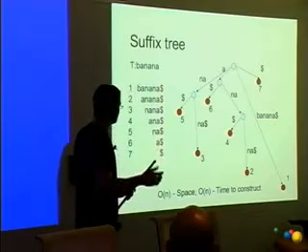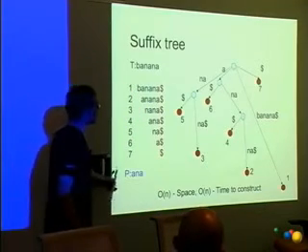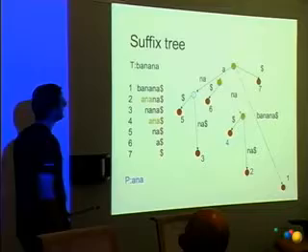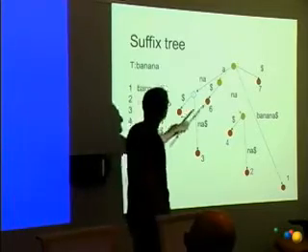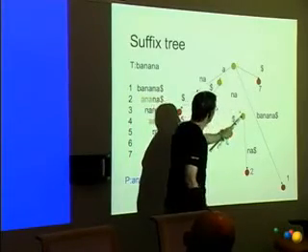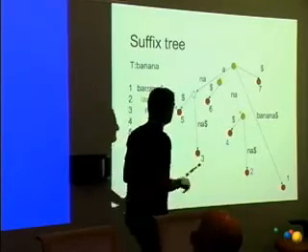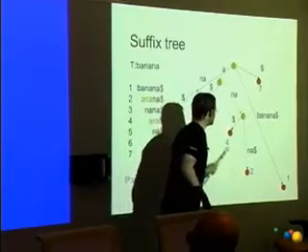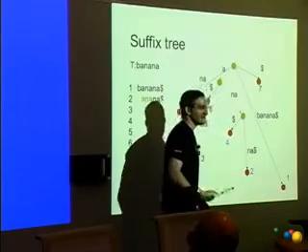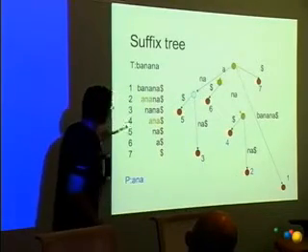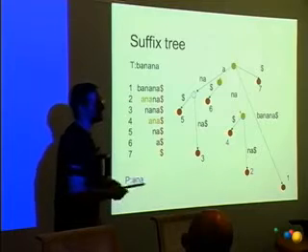And now let's seek for the pattern anana. Then for the pattern anana, I go in here. I see A and A, and I come here. And now all the red nodes that are in this subtree are the places where the pattern anana is.